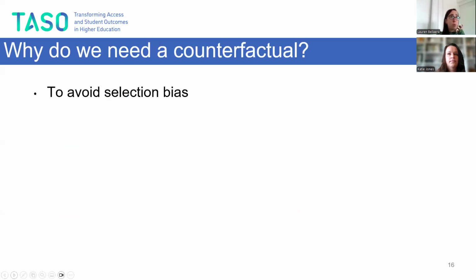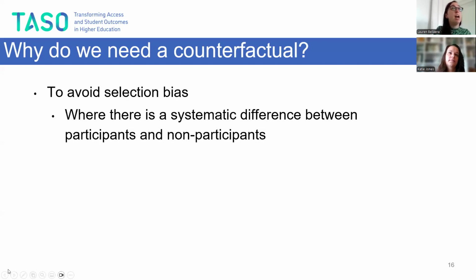Picking up on a couple of specific points here, the reasons why we need a counterfactual. Number one is avoiding selection bias. This is where there are systematic differences between the participants and non-participants. This isn't what we want, because we want to know that the groups of individuals we're looking at are similar.